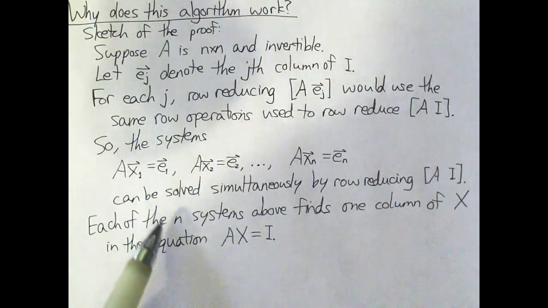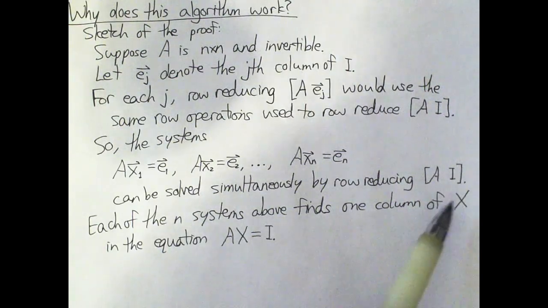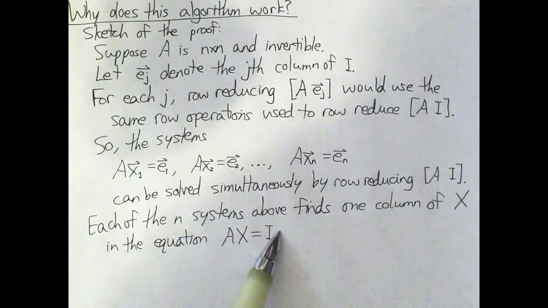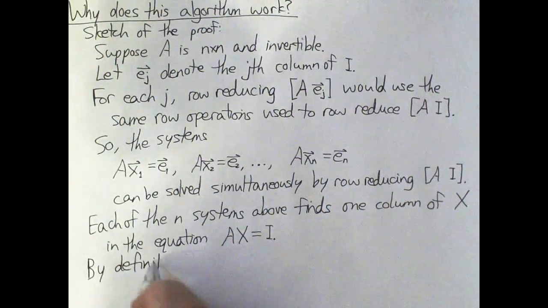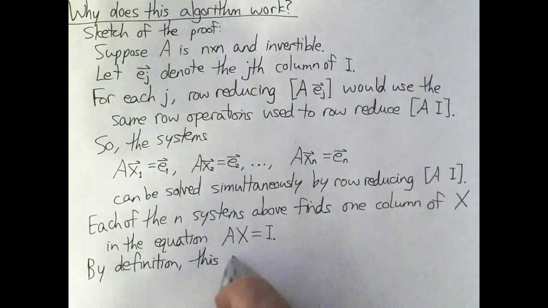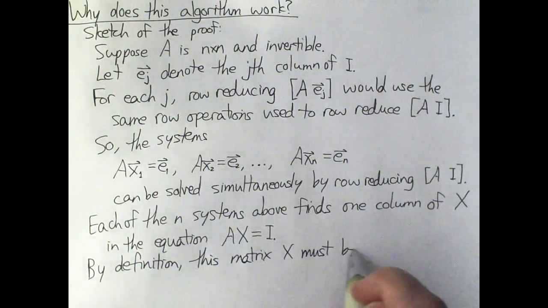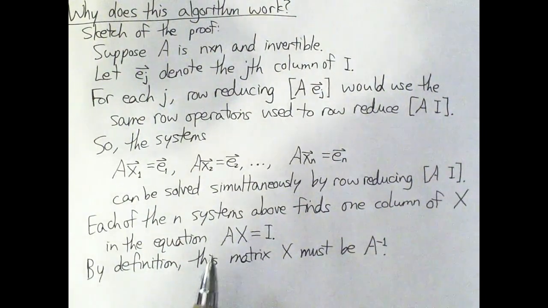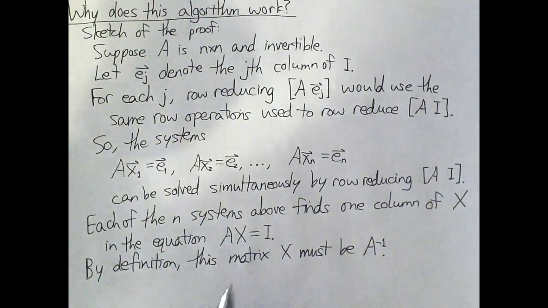N systems, and each one of them would find one column of this larger matrix X. So this is matrix times matrix equals I. By definition, this matrix X must be A inverse. Why does it have to be A inverse? Because AX equals I, and that means X is the inverse of A.